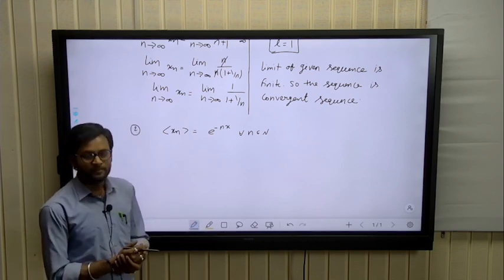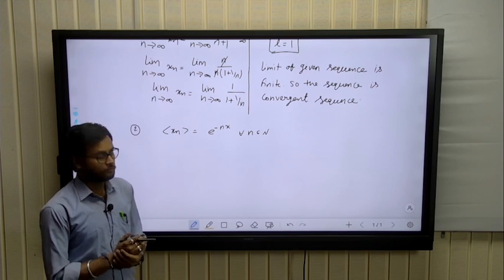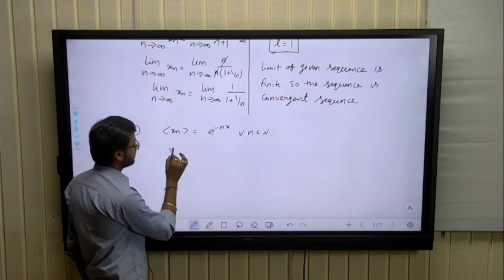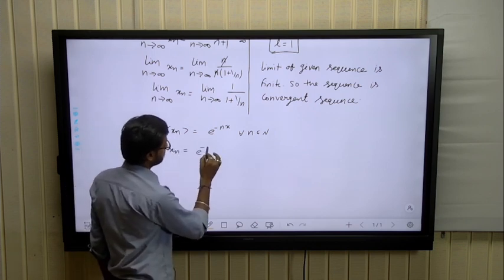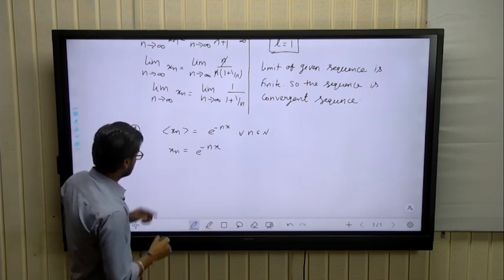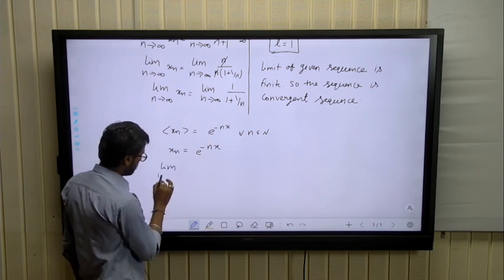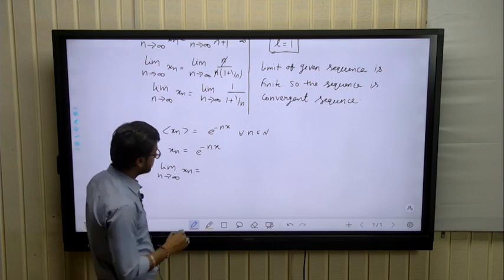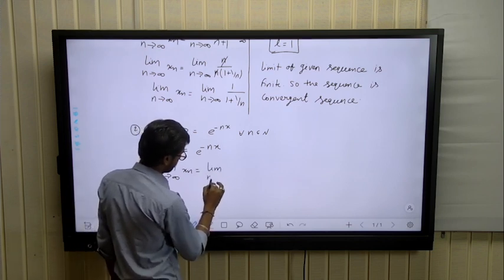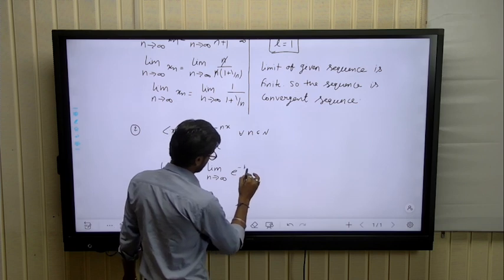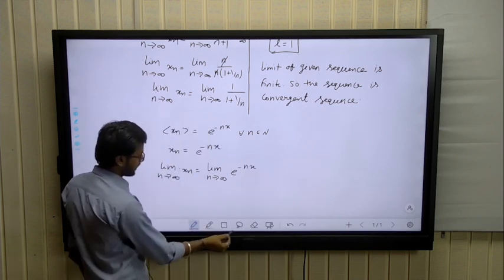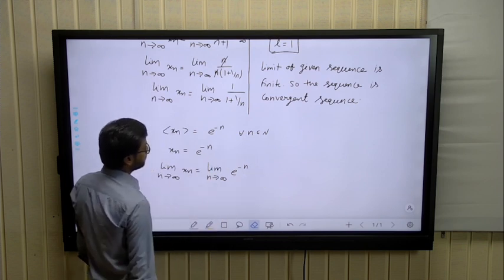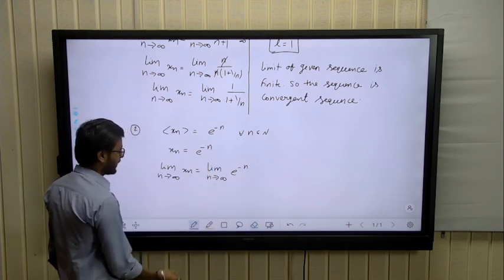So first, find the limit of the sequence. We take the limit n tends to infinity on both sides. Sorry, there is no x here. The sequence is e to the power minus n only.